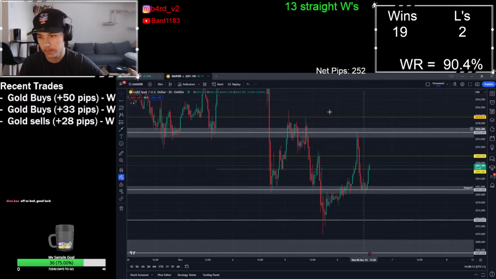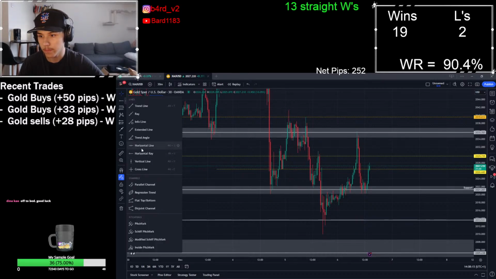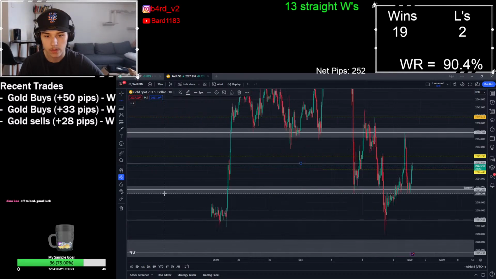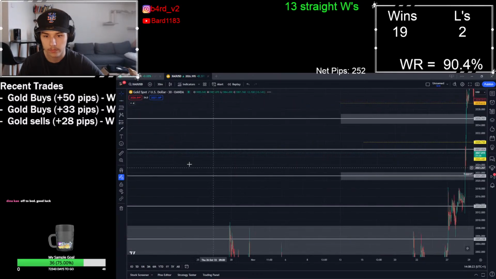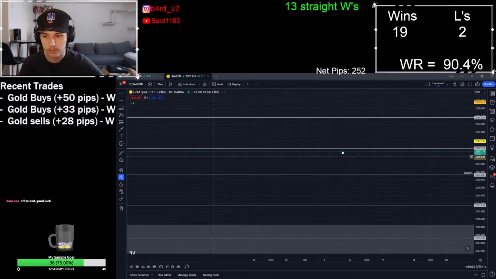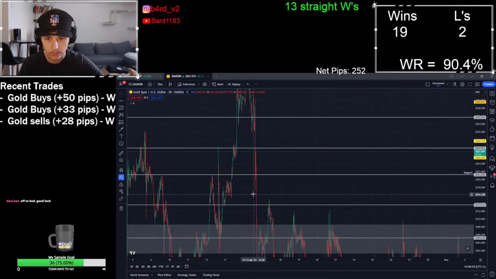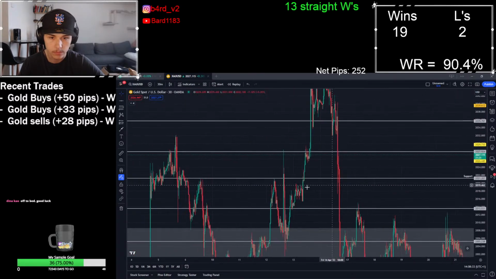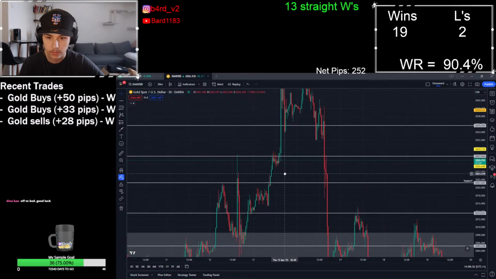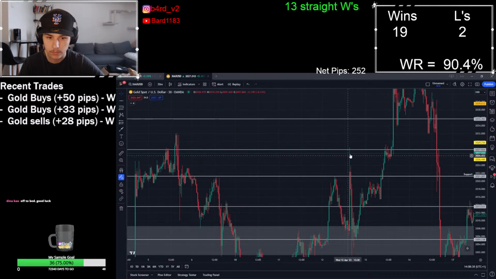Let me just mark the zone up. Tap those areas. Look, tap the same areas, tap before coming in. So we came up, tapped these areas, and then we came down. Came up, tapped these areas, came down, right?